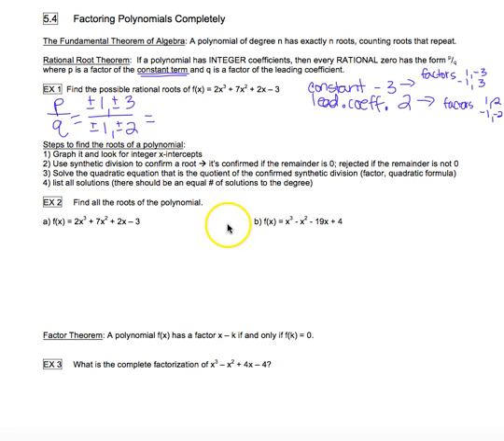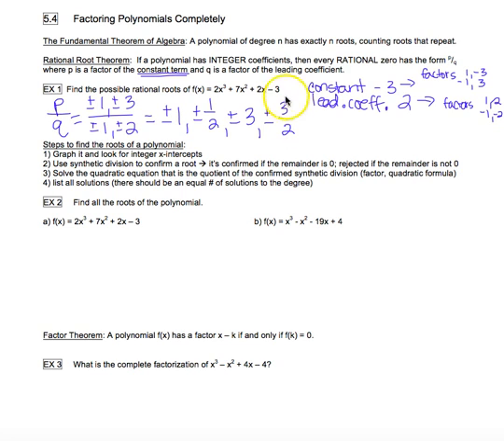So what that means is that P over Q, you take each individual P and combine it with each individual Q. So plus and minus 1 here, plus and minus 1/2 there, because 1 over 1, 1 over 2. Now I'm going to do 3 over 1, and then 3 over 2.